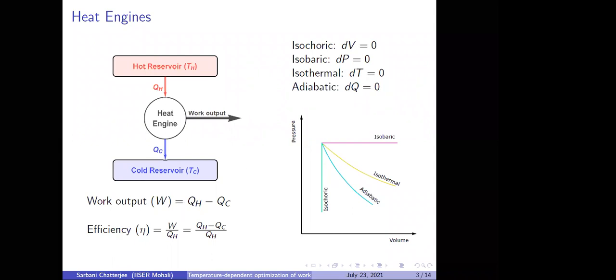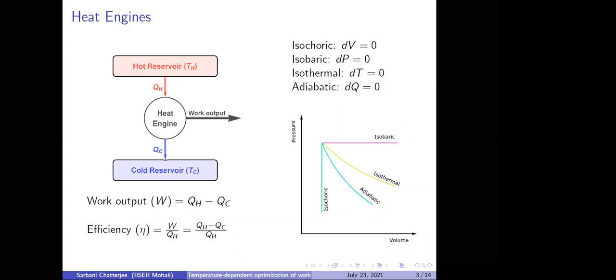It is actually the working substance of the heat engine that is responsible for absorbing the heat and doing the resultant work. The working substance can be in either gaseous or in liquid forms. So, the engine takes up energy from the source, uses part of it to do some work, and dumps the remaining energy to the sink.